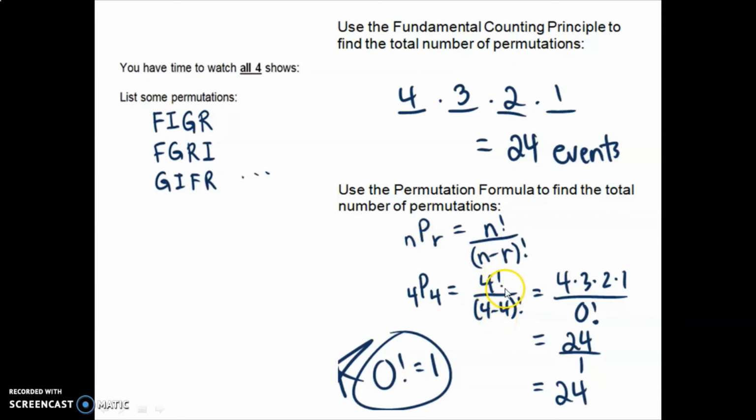So 4 factorial, again, is going to be 4 times 3 times 2 times 1. 4 minus 4 is 0. By the way, 0 factorial is 1. And if you want to see why that is, you can find lots of stuff on the internet about that. Very interesting. So 0 factorial is 1. So here, essentially, we have those multiplied over 1, which is the same as here. And we're back to 24. So there are 24 ways to watch these shows.